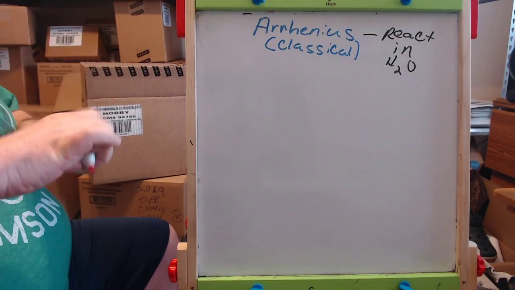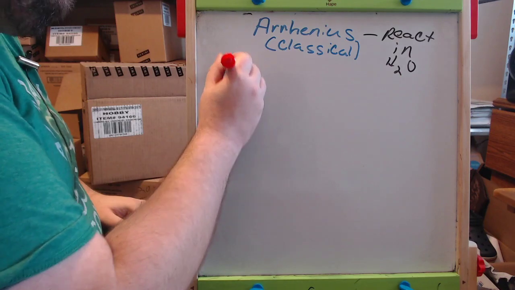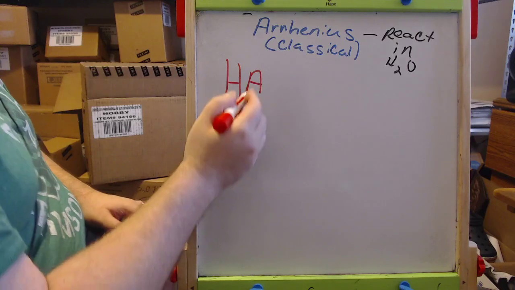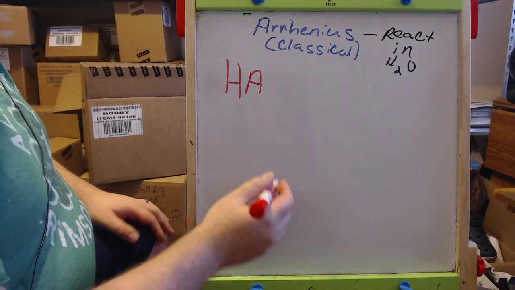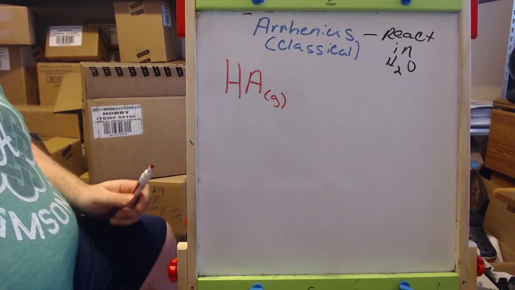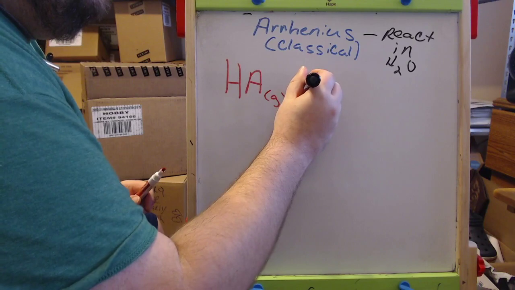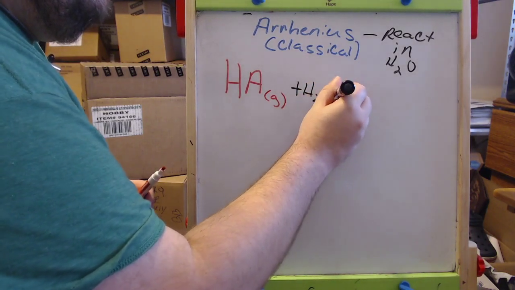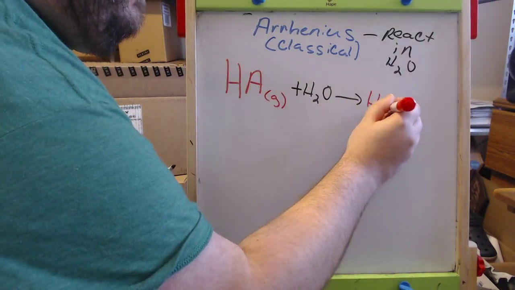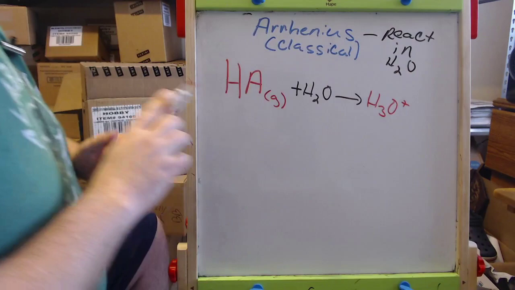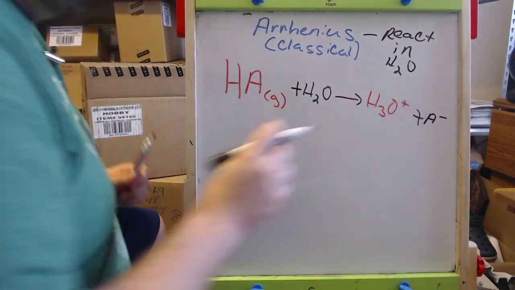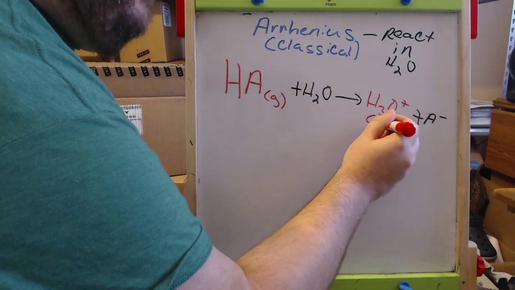So let's start with acids. The form of a general acid is HA, a hydrogen bonded to some anion. We're going to take that HA and add water. The reaction gives us the key component of the classical definition or Arrhenius definition, the creation of hydronium.